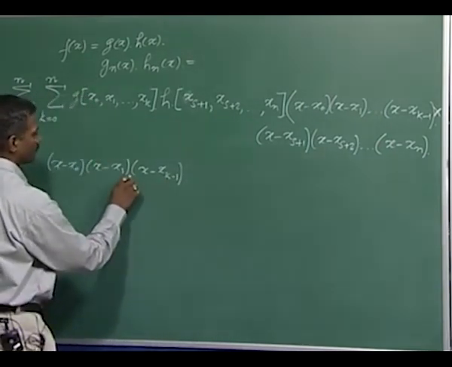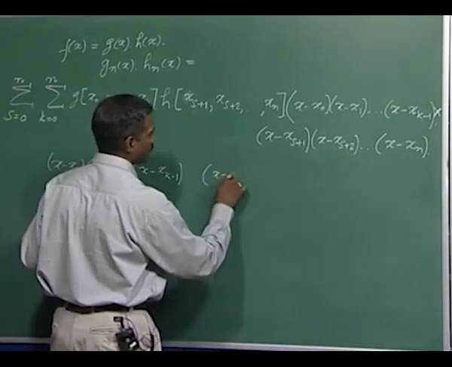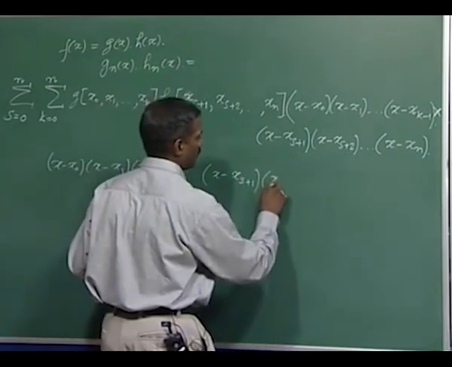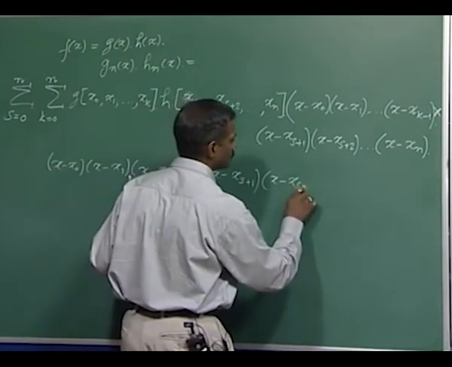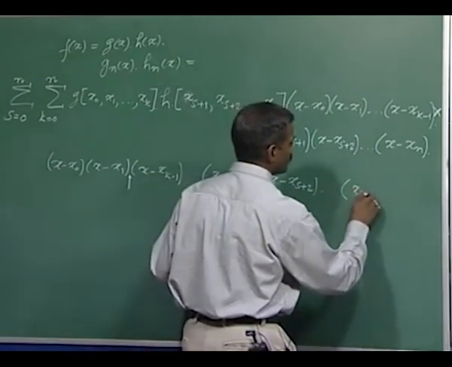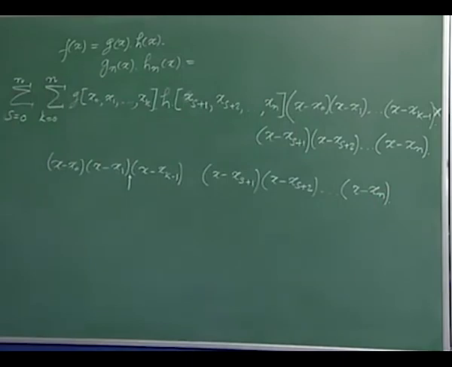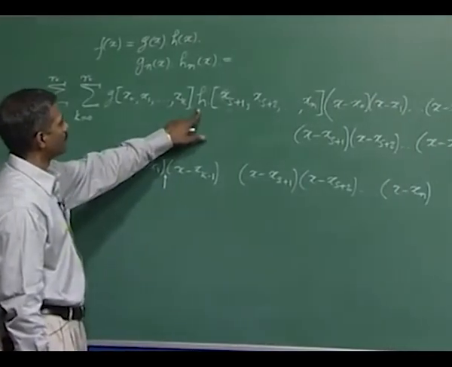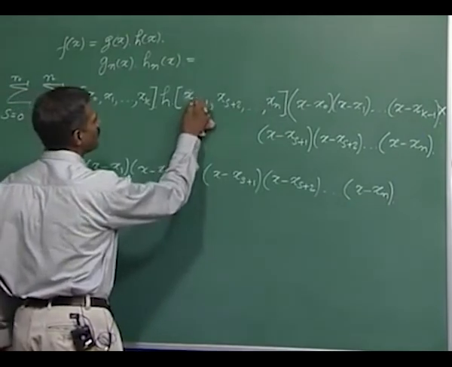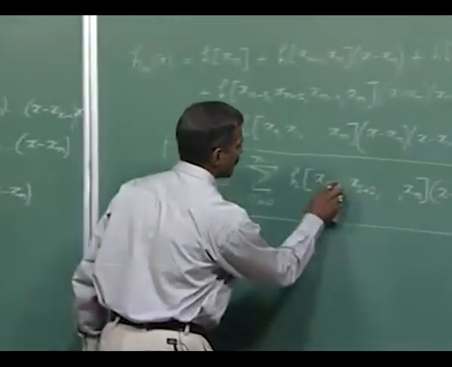Here we'll have some more terms, and then we'll have x minus x s plus 1, x minus x s plus 2, a few terms, last term x minus xn. There is a minor typo here. This should be x sub s here.